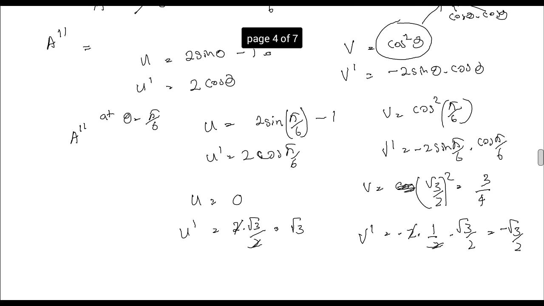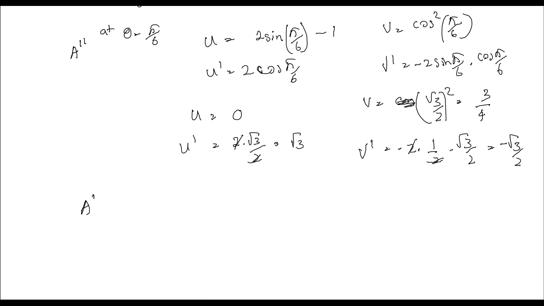Why do we need that? Because we are putting a double dash as v u dash minus u v dash over v squared.